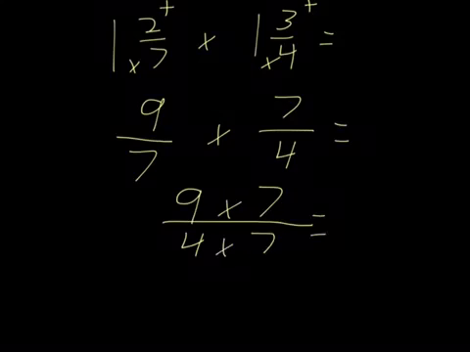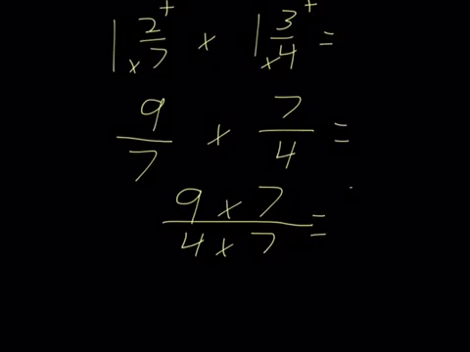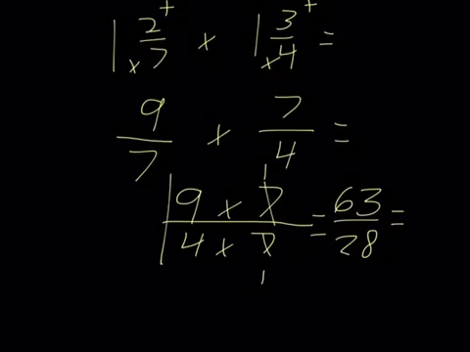If you want, you can multiply 9 times 7 and 4 times 7 and identify that 7 divides into 63 and 28. Or we can say, oh, wait a minute, 7 divides into 7 once, therefore we only really need to worry about 9/4.